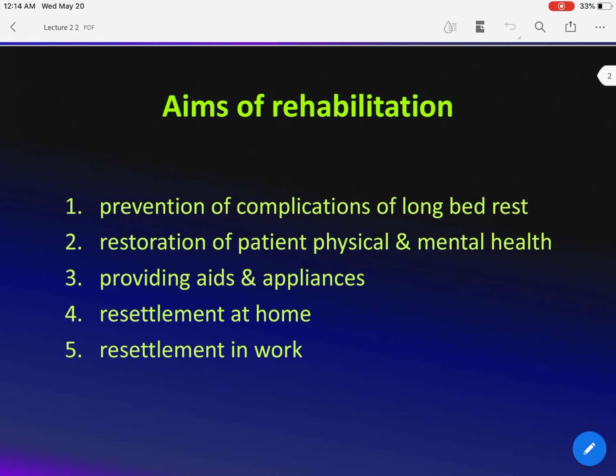Simple example, patient is completely healthy with physical fitness, physical activity, with good mind, and suddenly he has a cerebrovascular accident, road traffic accident, motorcycle accident, cord compression. He lost his main job. So we try to find resettlement for his job and his work.